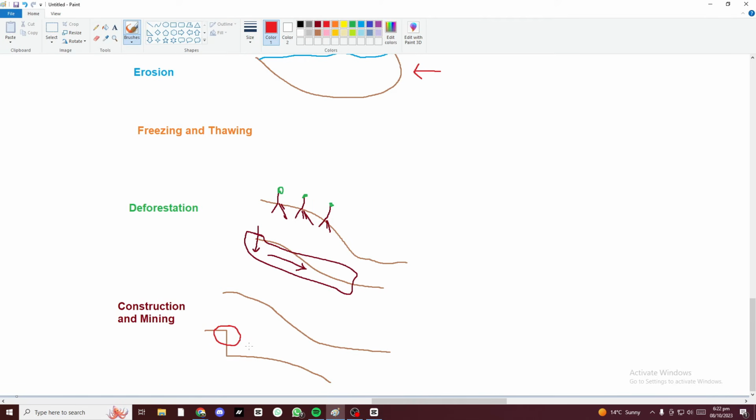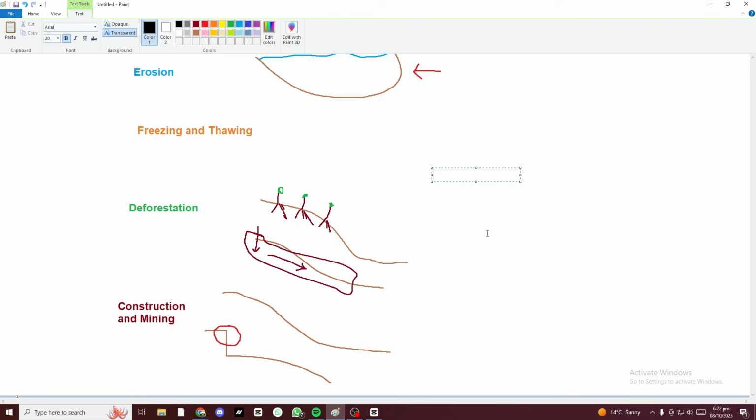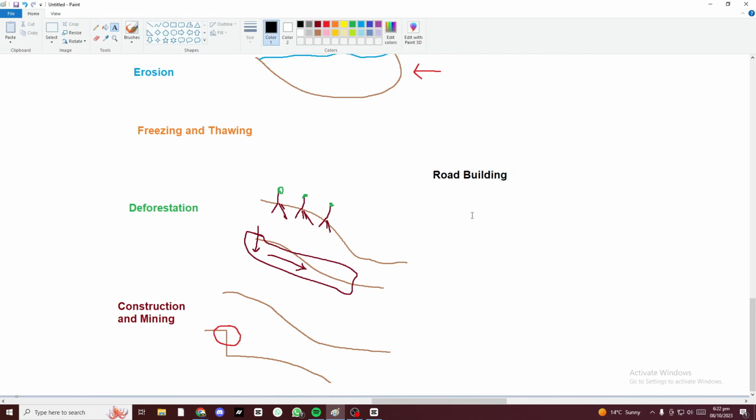The vibrations from the mining can also cause landslides and rockslides to take place, as these rocks are suddenly jolted out of place. Next up, we have road building. Roads often cut into hillsides. These alter the natural drainage patterns and increase the potential for erosion and landslides.